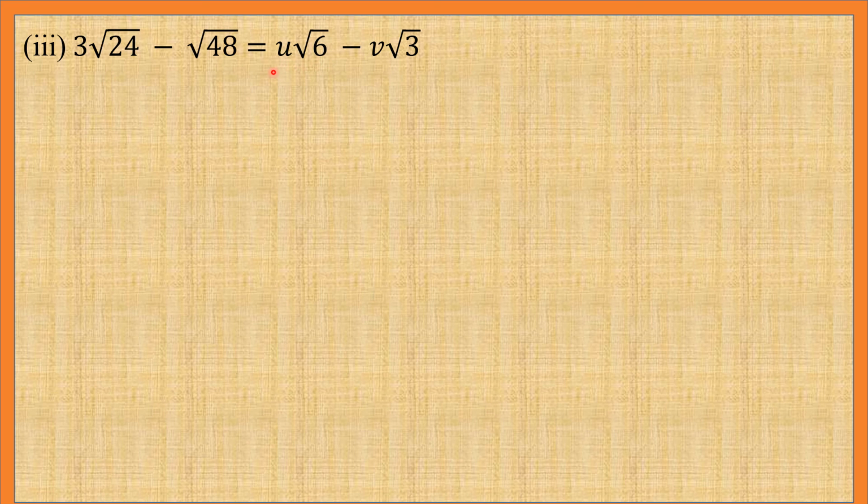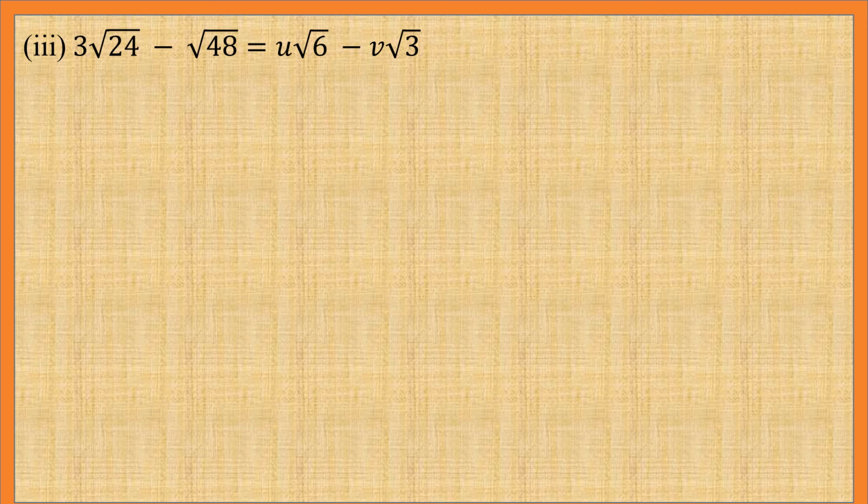So you see that when we divide 24 by 6, we get a perfect square, which is 4. That is 4 by 6 gives us 24. Then we'll pick 3 and divide 48 by it, and we'll get a perfect square, 16. That is square root of 16 by 3 gives us 48.